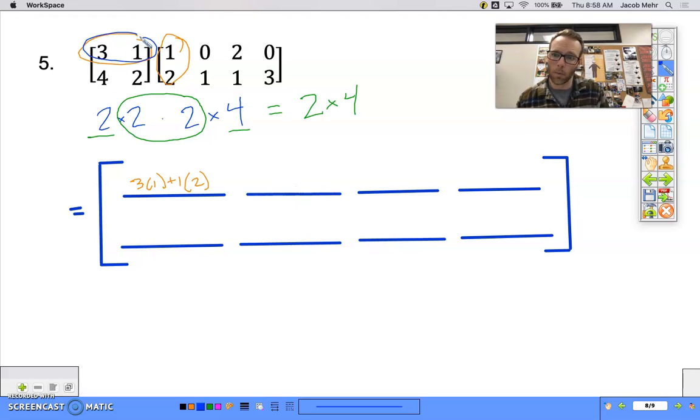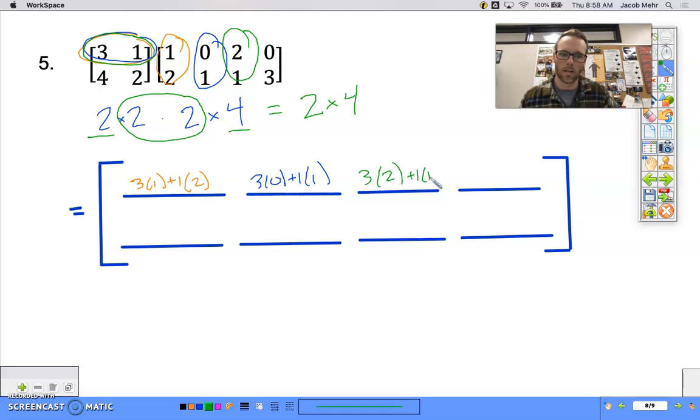So I'm going to take the top row times the second column: 3 times 0 plus 1 times 1. Top row, third column: 3 times 2 plus 1 times 1, and top row, right column: 3 times 0 plus 1 times 3.